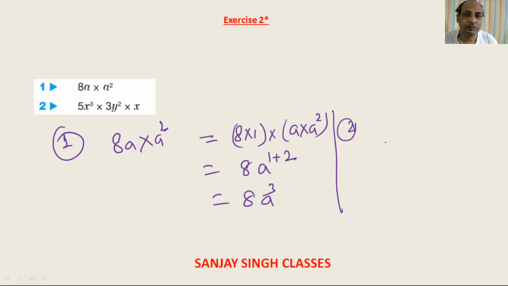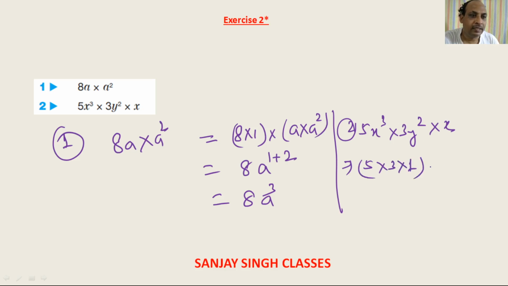Question number 2. 5x cube into 3y square into x. Now in this case, we can see that here x cube is there, here y square is there, here x is there. So 5 into 3 into 1, their coefficient. Then x cube into y square into x.